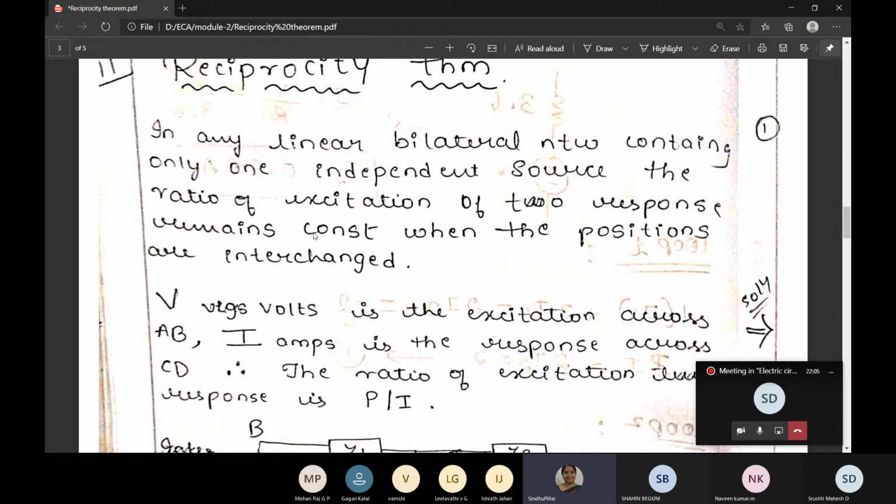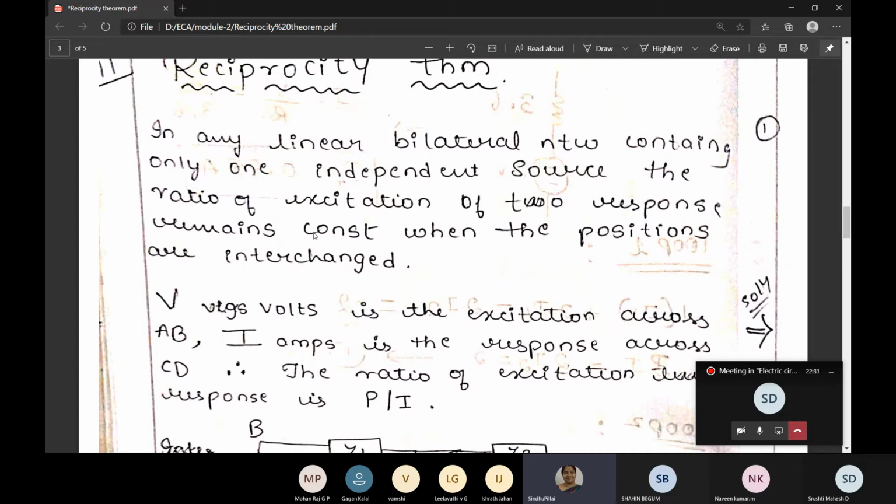Now consider a voltage source which provides excitation, and we get a current as the response in one of the branches. If you consider voltage as the excitation and current as the response, then the ratio V by I remains constant.